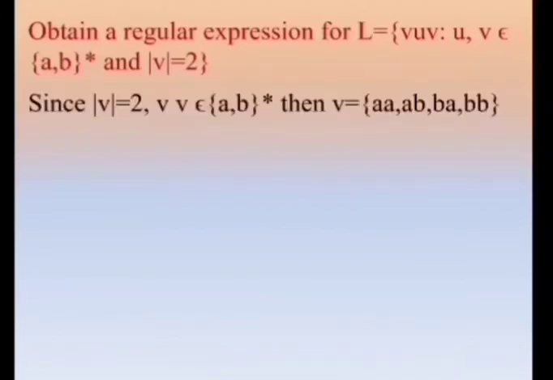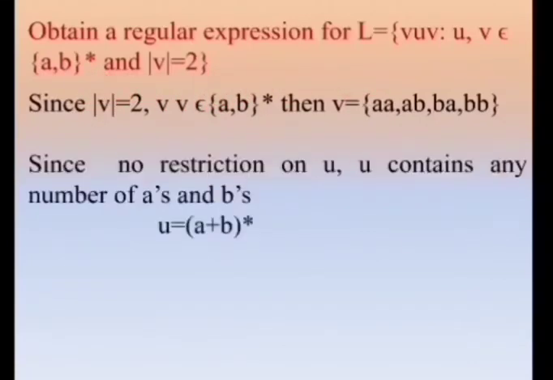This means we get 4 possible combinations with A's and B's, that is AA, AB, BA and BB. There is no condition on U, and U is a combination of A, B whole star. Hence we can write the regular expression for U as (A plus B) whole star.